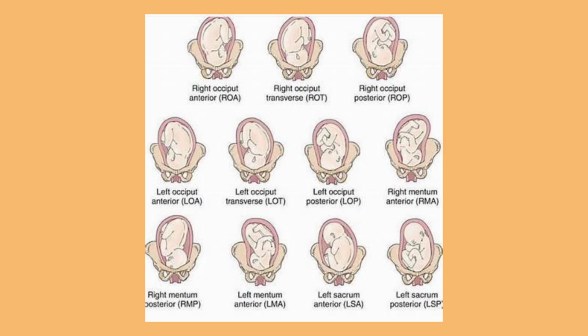The third letter is in reference to the head. If the back of the head is in front, toward the mother's front, it's going to be anterior. The posterior would be the back of the head is towards the back of the mother. And then transverse would be side view.